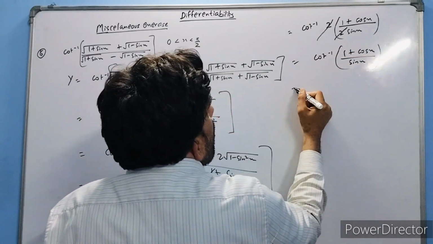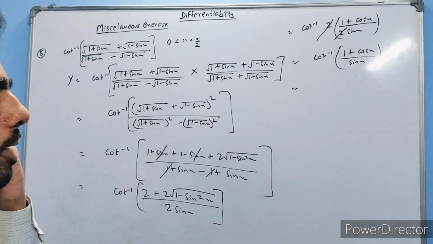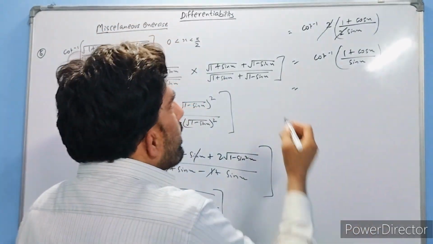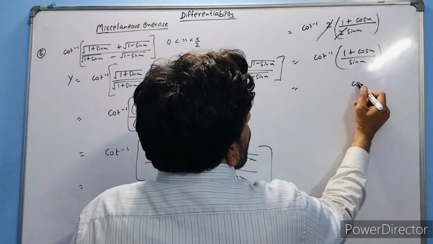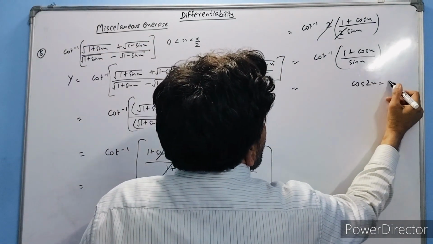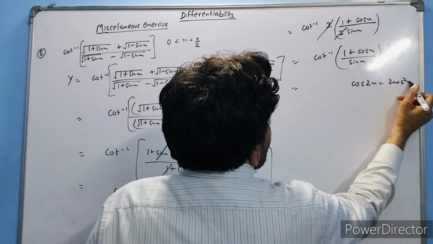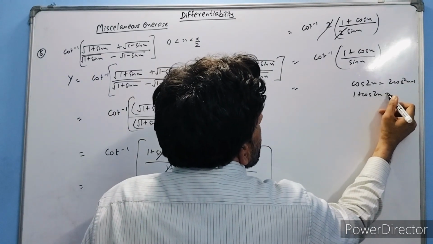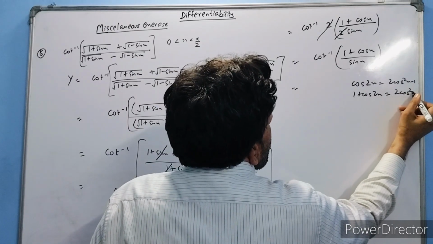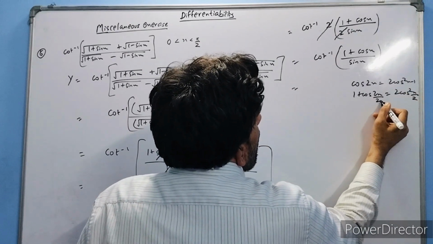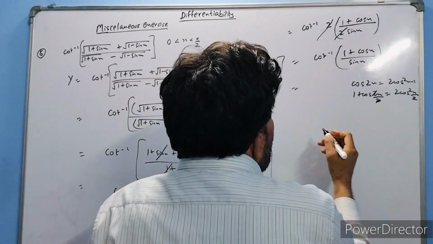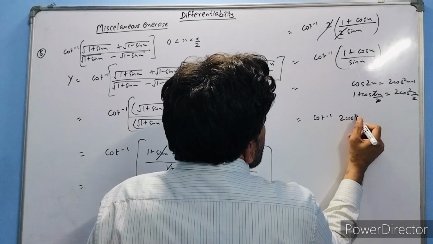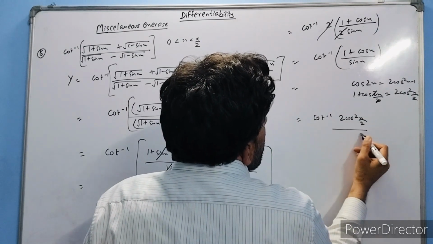Now we'll try to apply the formula for cos 2x. We have two identities for cos 2x, one of them being 2 cos square x minus 1. So 1 plus cos 2x is equal to 2 cos square x. If I divide the angle by 2, I get 1 plus cos x equals 2 cos square x by 2, so I can write cot inverse of 2 cos square x by 2 upon sin x.